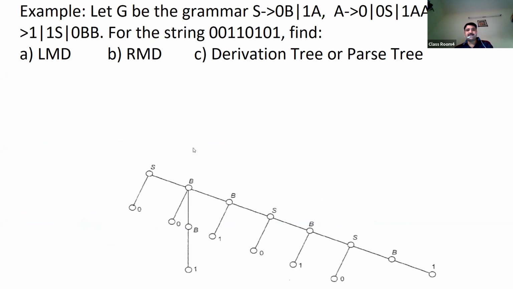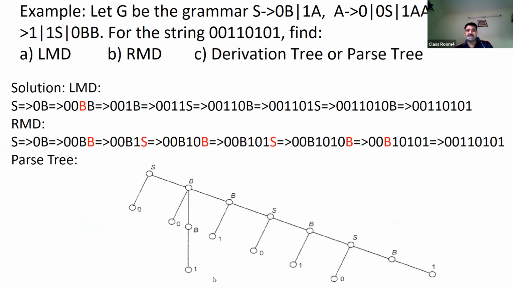Have you completed this one? If you have any confusion, I want to clear the doubts first, then I will move to the next part, that is the ambiguity part.